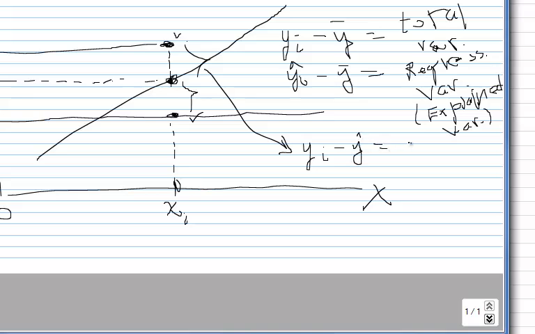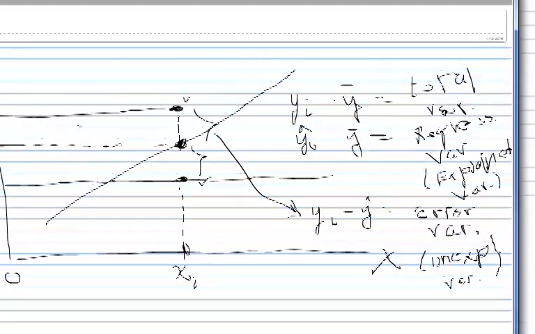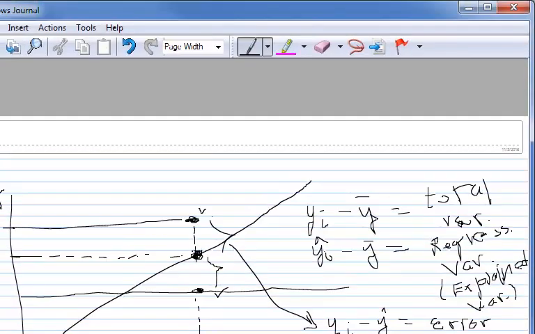And this is error or residual variation. This is also called unexplained variation because it's due to error. The actual value minus the estimated value is a difference that cannot be explained by the model. Only this portion can be explained by the model.